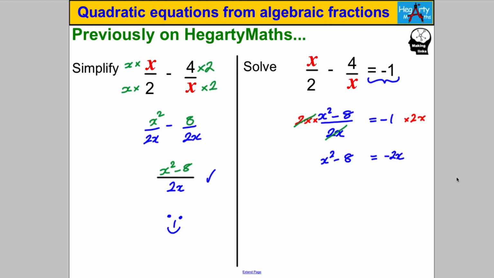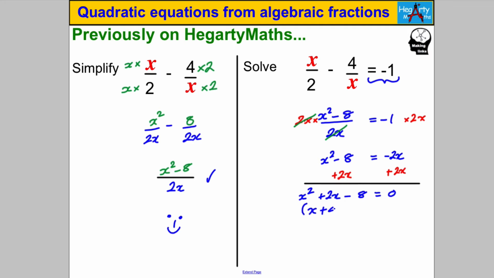8. Now to solve a quadratic I must have it equal to 0, so let me undo this -2x by adding 2x to both sides. Okay, and tidying up, let's write them in the order with x squared first. So I'd have x squared, add 2x, and subtract 8 is equal to 0. Your first port of call when trying to solve a quadratic equals 0, try and factorize if you can.